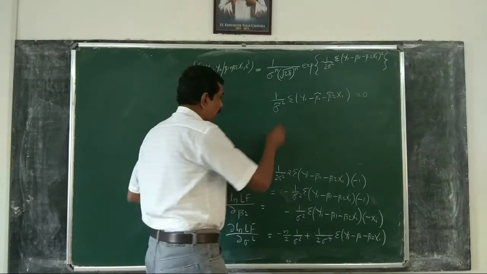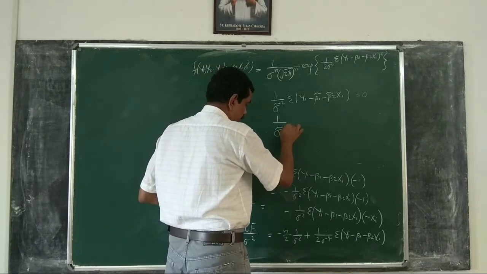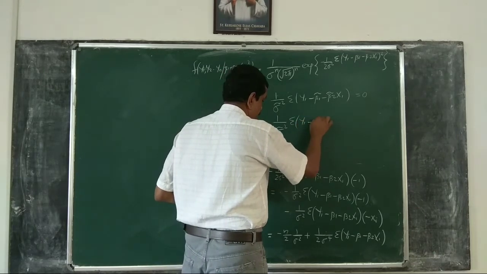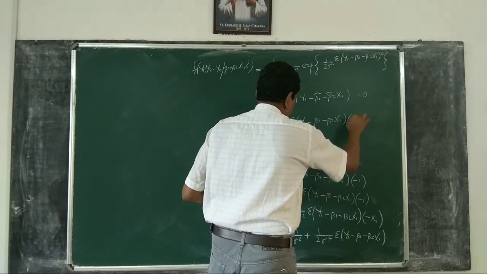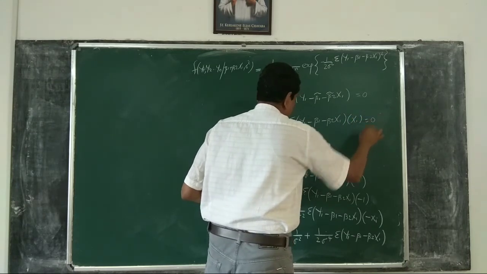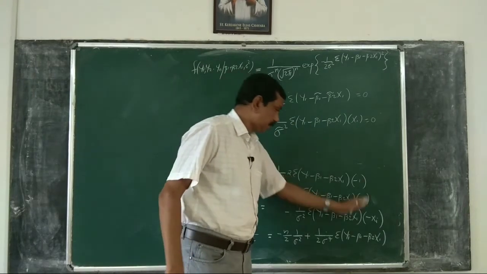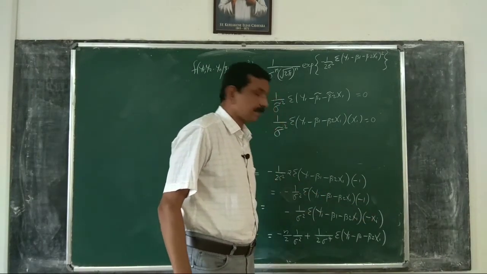And second, 1 by sigma tilde square into sigma yi minus beta 1 minus beta 2 xi into xi equal to 0. Assuming that the terms are multiplied with a minus here and a minus here.